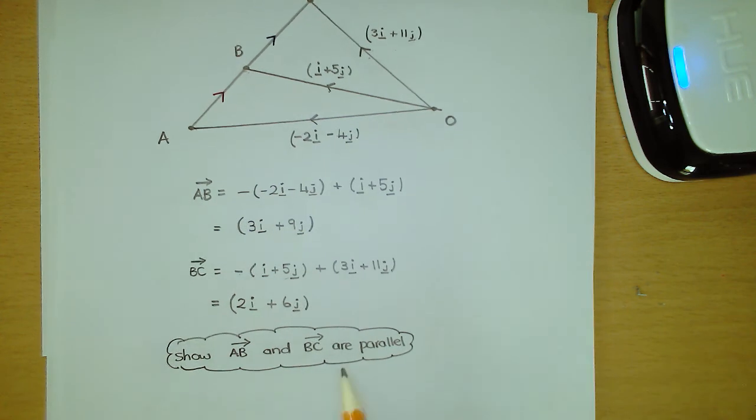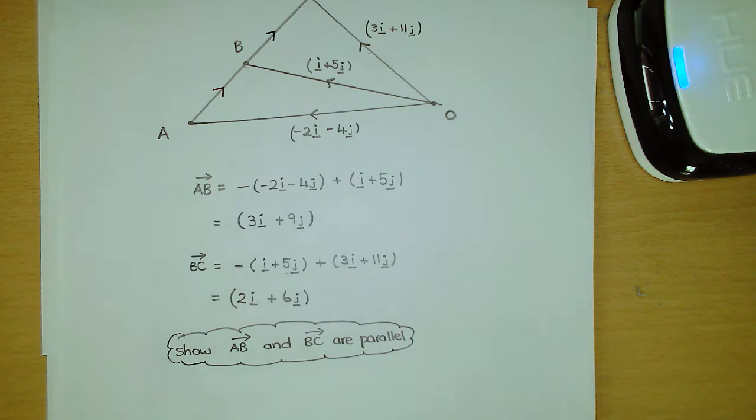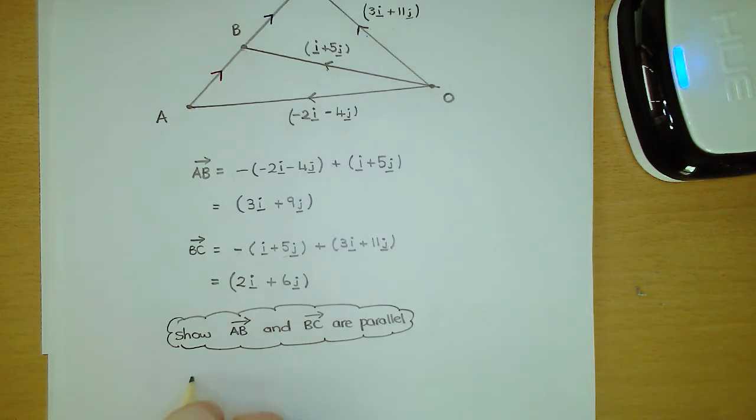So in order to do that, always start with the vector which has the bigger i and j components. We talked about that before in our notes. So we're going to start with AB. So write out displacement vector AB.